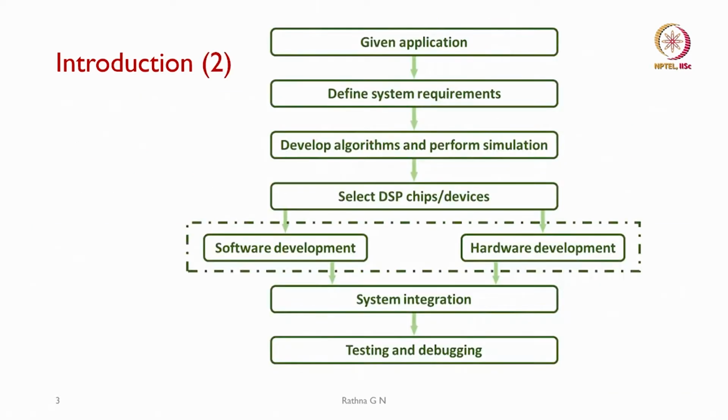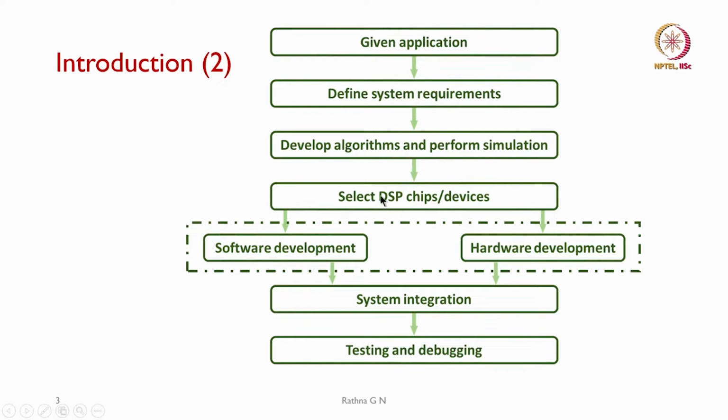The other way of looking at it is that it depends on the application we are choosing. Here only three are listed, but we have umpteen applications. So we have to define our system requirements, develop the algorithms and perform simulation.